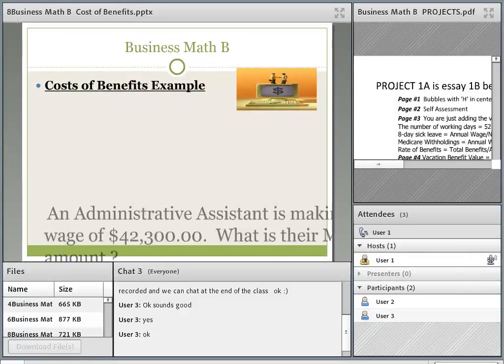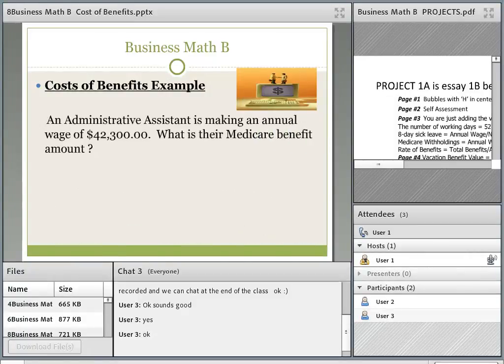Okay, here is a cost of benefits example, and you actually have this in your project that you're working on. I believe this is a workbook question. An administrative assistant is making an annual wage of $42,300. What is their Medicare benefit amount?